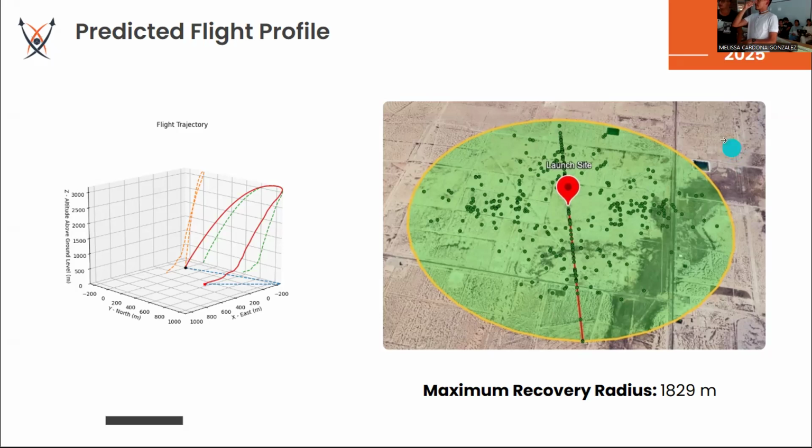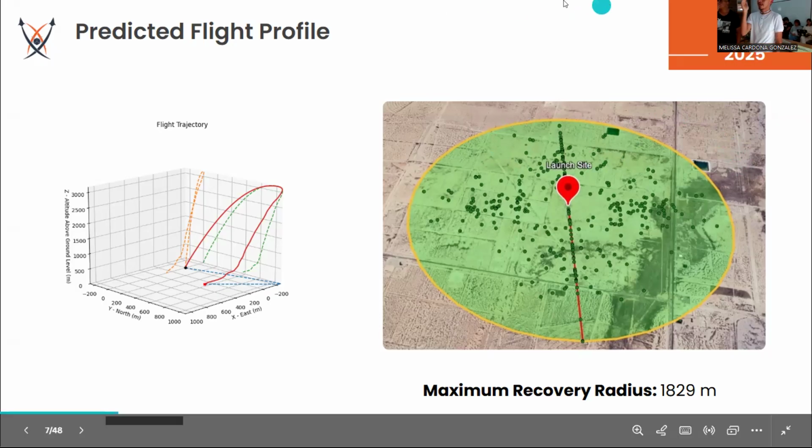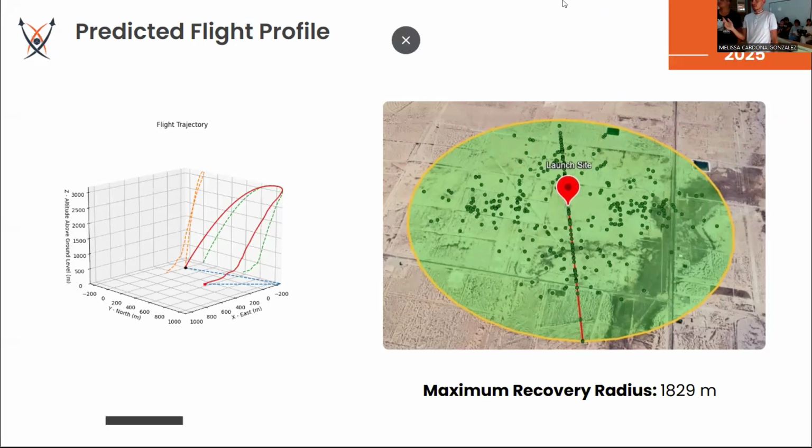All nominal. And I would like to add that this is considering a minimum rail angle of 82 degrees, according to ESRA. So this is the maximum we expect in a nominal scenario only. Cool.